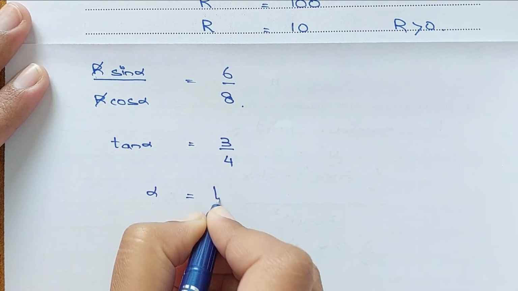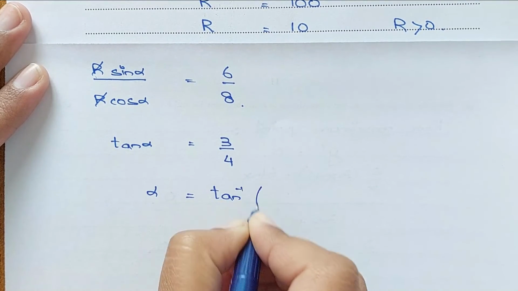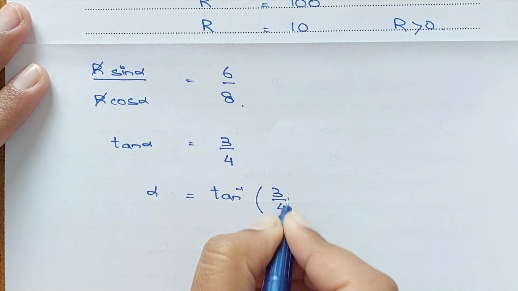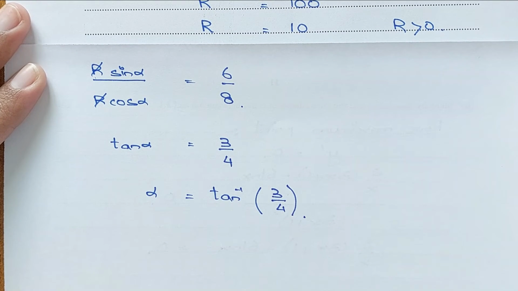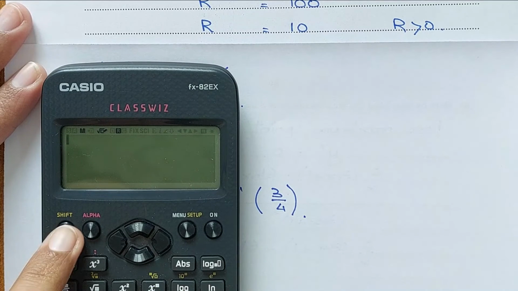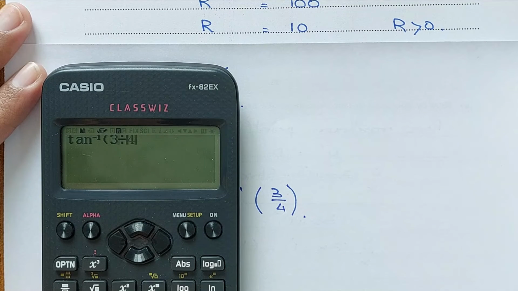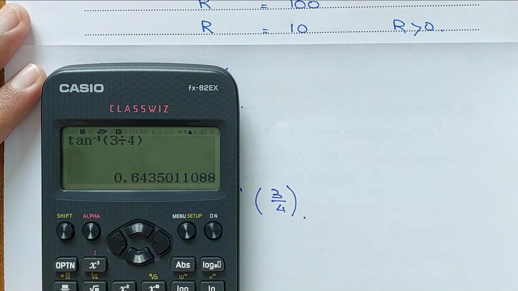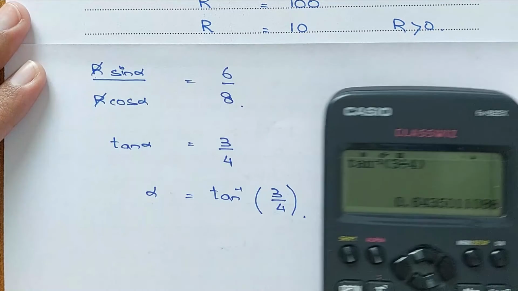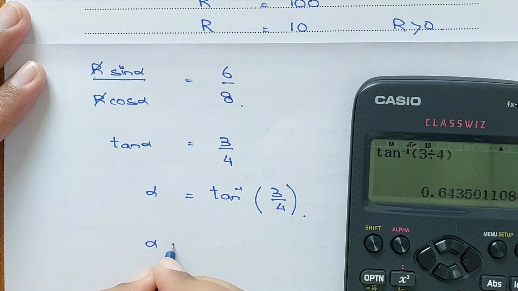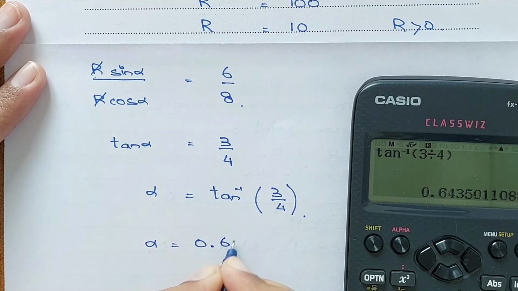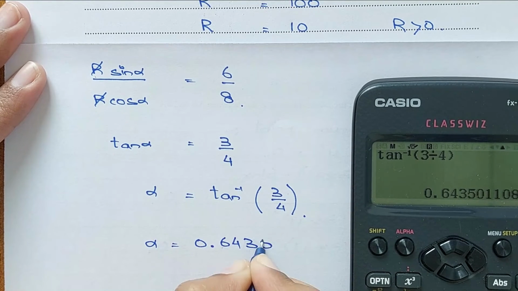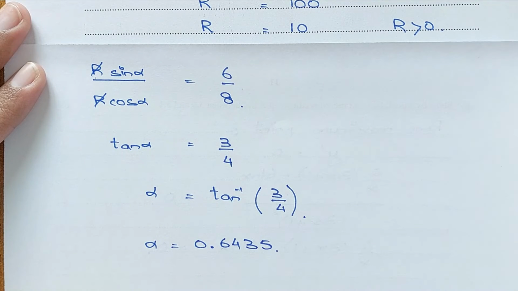And alpha is tangent inverse of 3 by 4 just in the first quadrant and in terms of radians, right? Tangent inverse of 3 by 4, which is 0.6435 up to 4 significant figures. We have to find the answer for alpha. So alpha is 0.6435. This is up to 4 significant figures.